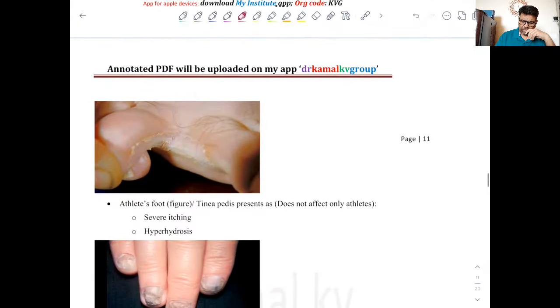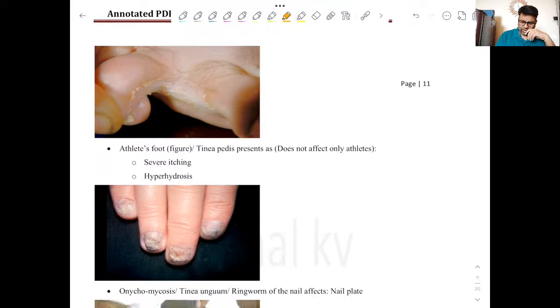Then moving forward to tinea, that is fungal infections. There is one condition that is known as athlete's foot, but it does not mean that it will be seen only in athletes. It can be seen in any person in whom there is excess sweating within the web spaces of toes or foot, right? Excessive sweating we call hyperhidrosis. Now hidrosis means sweating. So this presents with moistness, and that causes fungal infection.